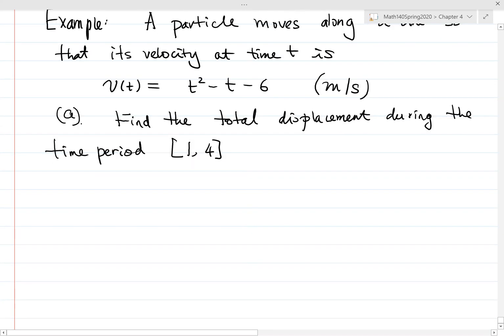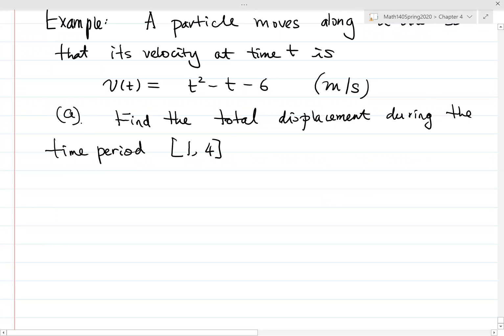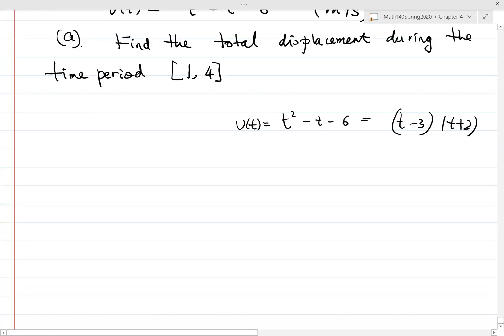Well, what does the graph of velocity look like? Velocity is a quadratic. v(t) is t squared minus t minus 6, which if you factor is (t minus 3)(t plus 2). If you plot this graph, it's a quadratic with two roots, 3 and negative 2.